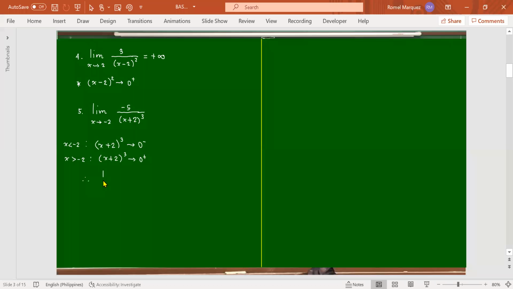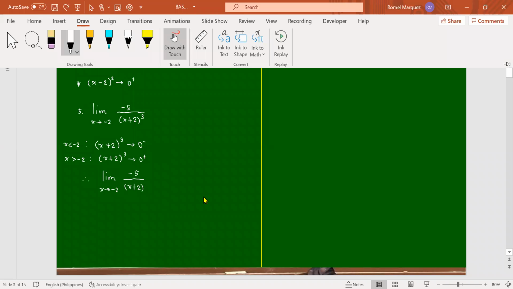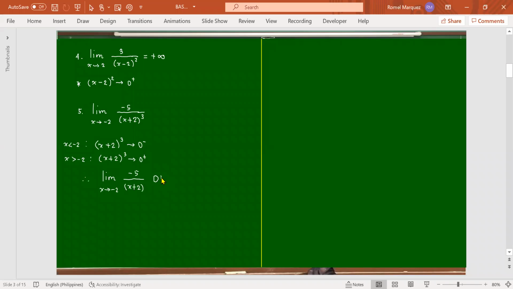Therefore, our conclusion is that the limit as x approaches negative 2 of negative 5 over (x plus 2) quantity cube is what, guys? Anong sagot dyan, guys? Does not exist po. Does not exist. Kasi ang limit nito from the left ay what? From the left, anong limit niya?